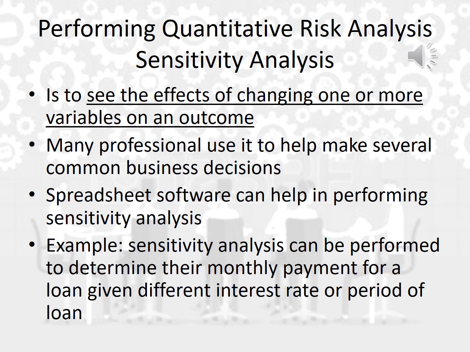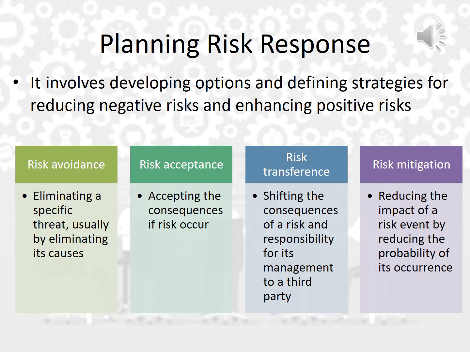So by that, we are done with the quantitative risk analysis process, yet we still have one more process from the planning phase that we will take in the next slide, inshallah. Let's start with the fifth process, which is called planning risk response. It is the fifth one in project planning.